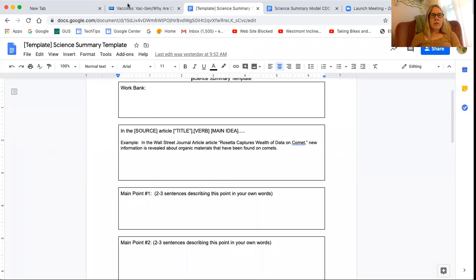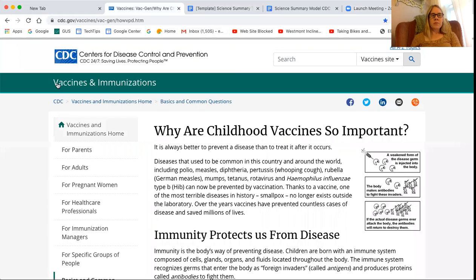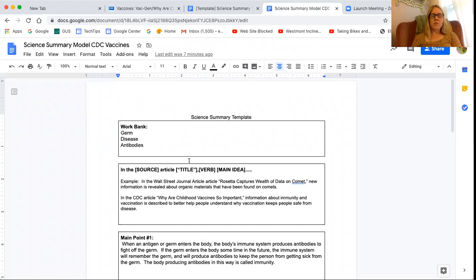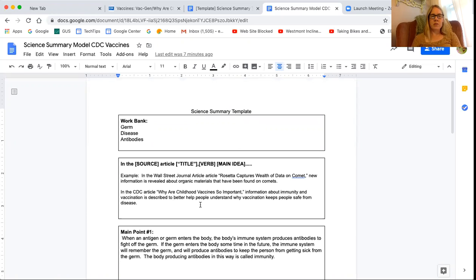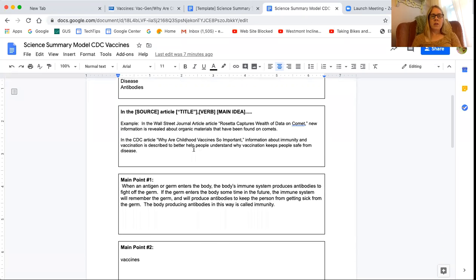The article we're going to be summarizing is this one from the CDC, and the title is Why Are Childhood Vaccines So Important? So what I want to start with is the introductory sentence. So I'm going to actually go to a model that I've created for you. We'll go back to the word bank in a little bit, but I want to start with talking about how to do the main or the introductory sentence.